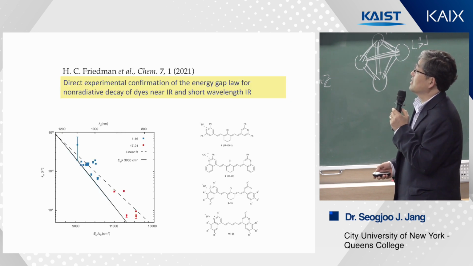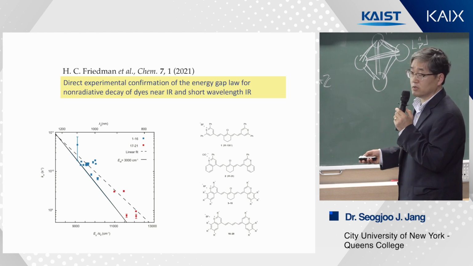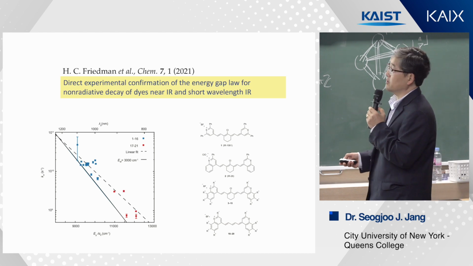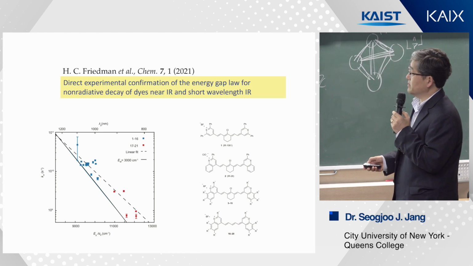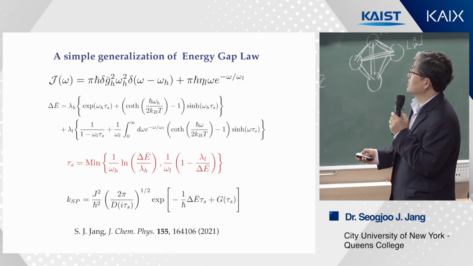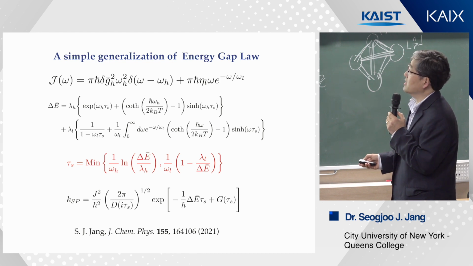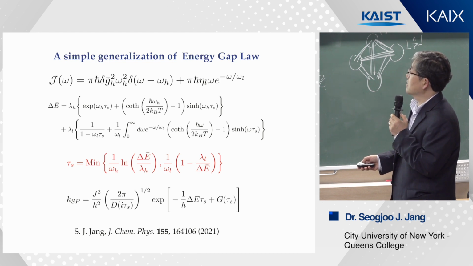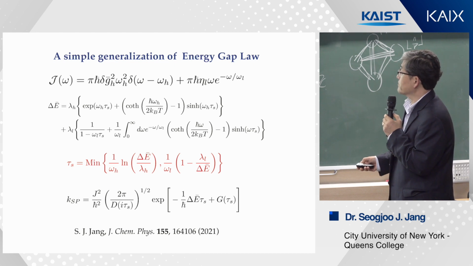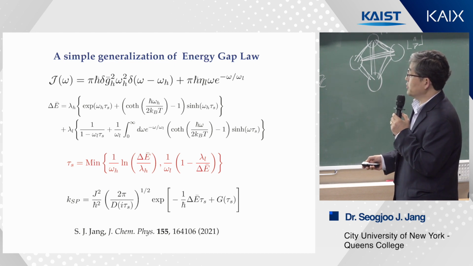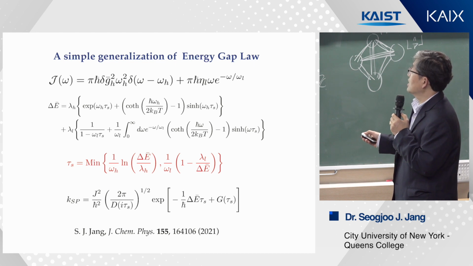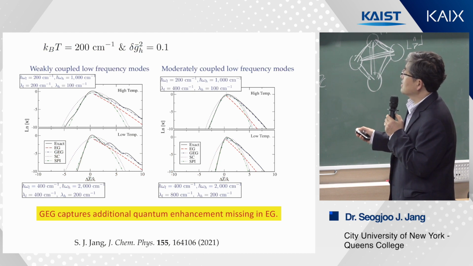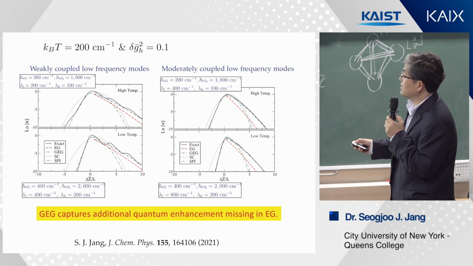More recently, the energy gap law is also an important theory that has been used a lot for new light emitting diodes, and also for new development of the dye molecules for bioimaging. But I was also able to find a more generalized version of the energy gap law, and the application of the theory actually shows that the black line is the result of my theory, and this is the original Jortner and Englman theory.